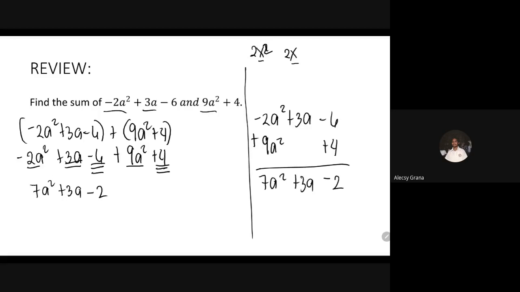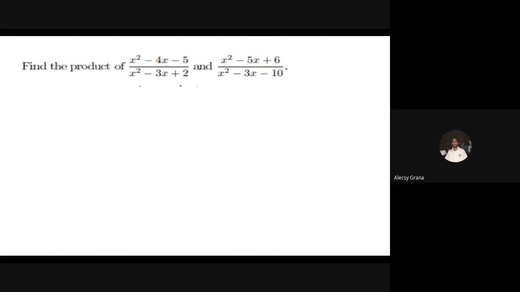I hope nare-refresh tayo sa papaano mag-add ng polynomials. Makakapag-add kapag same sila ng literal coefficient. Let's have the last review before we jump into our lesson. So find the product of x squared minus 4x minus 5 over x squared minus 3x plus 2 and x squared minus 5x plus 6 over x squared minus 3x minus 10.